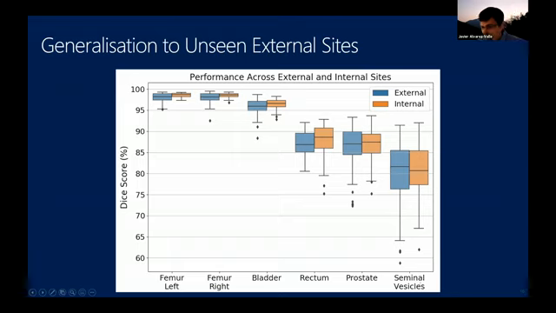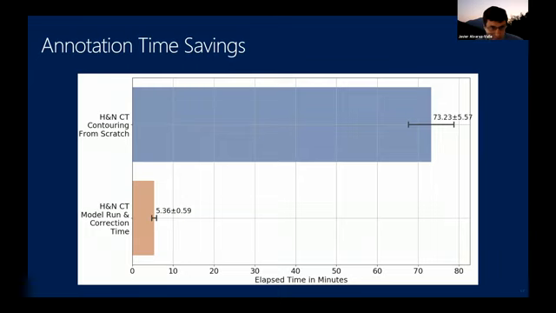For example, seminal vesicles are a small structure, so you will always get lower dice scores because a small error will influence the dice score more than in bigger structures. But with statistical testing, we have seen no difference between internal and external data sets.